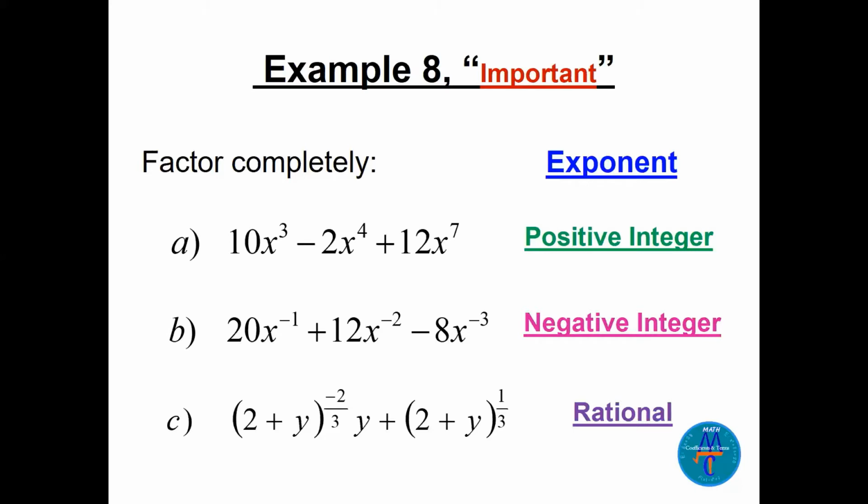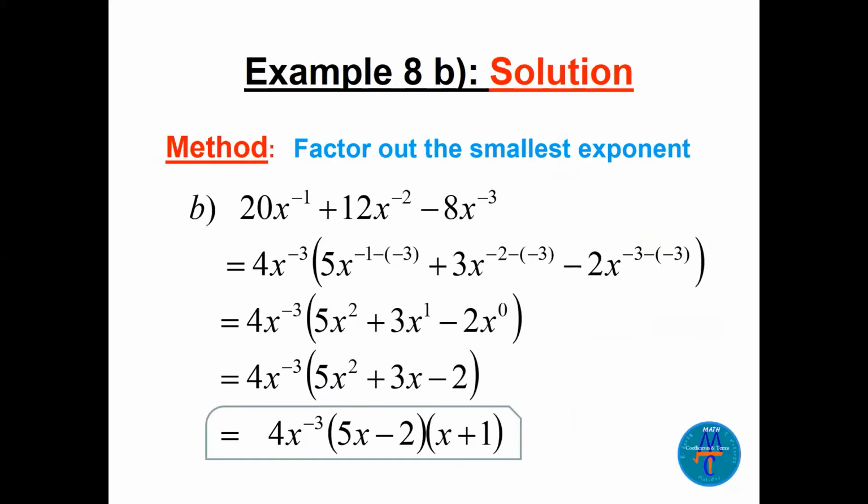Let's see B part. B part, 4, because 20 is 4 times 5, 12 is 4 times 3, 8 is 4 times 2. See, for the numbers, I take 4 out, then there are numbers 5, 3, and 2. Same signs. Now, minus 3 is the smallest exponent, so I take minus 3. Same idea, I write minus 1 minus the power outside, which is minus 3.